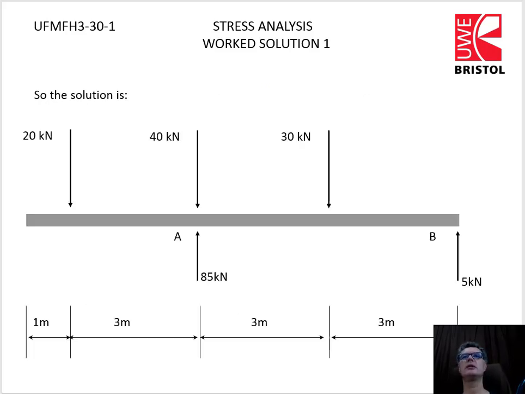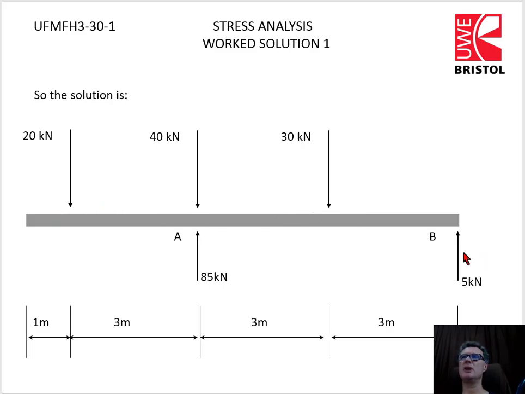So RBY equals 5 kilonewtons. My final solution should look like this: 85 here in the middle of the beam, and 5 here at the end.